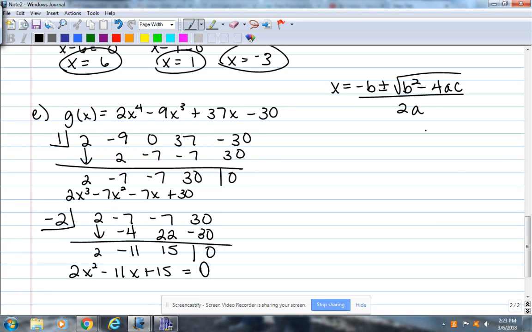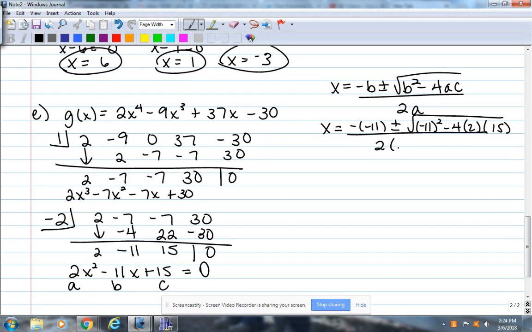Yay. All right, so here we go. This is my a, this is my b, this is my c. So x equals negative 11 plus and minus the square root of negative 11 squared minus 4 times a is 2, c is 15, all divided by 2 times a is 2.